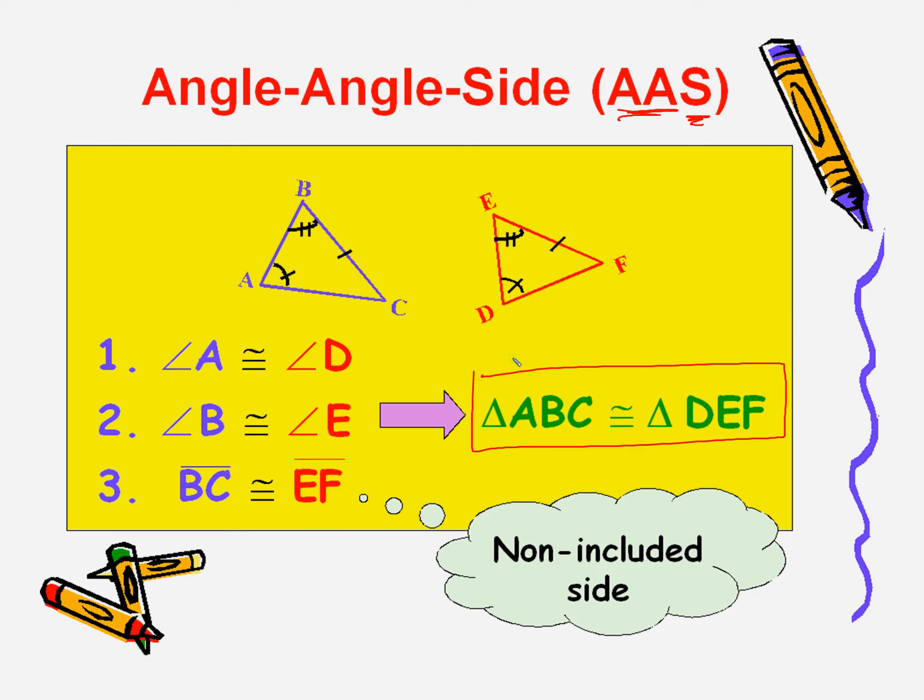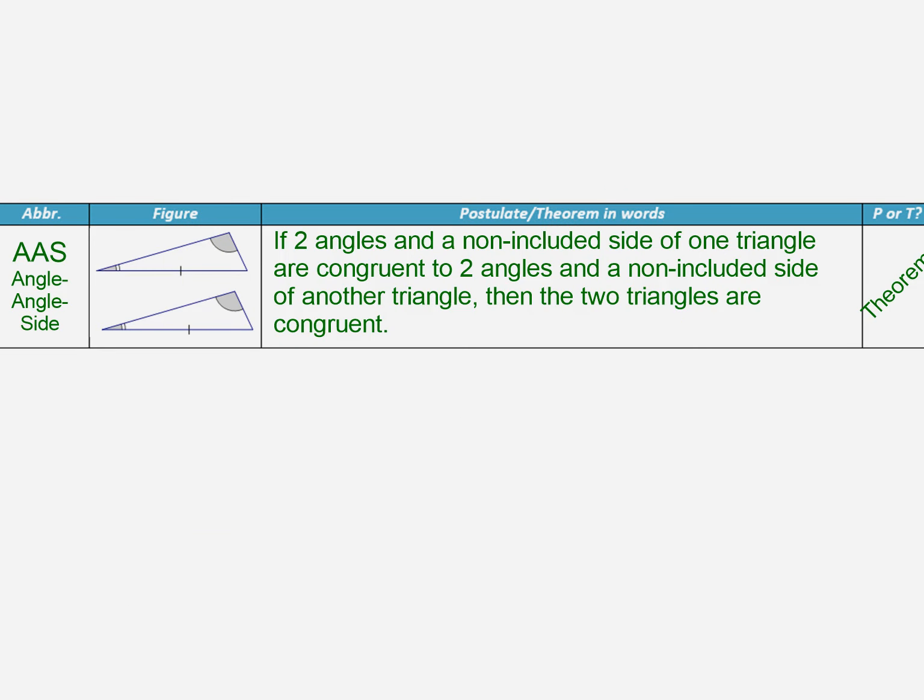You don't need all six corresponding parts, you just need angle, angle, side. In your notes, you can put angle, angle, side. You might also see this written as side, angle, angle. That's okay too, because you have the two angles and the non-included side.